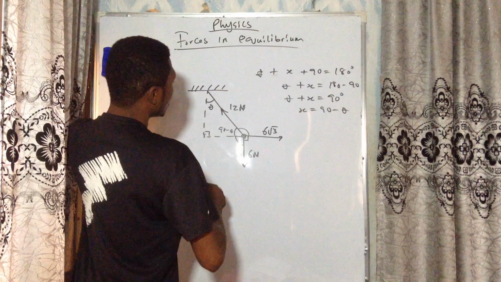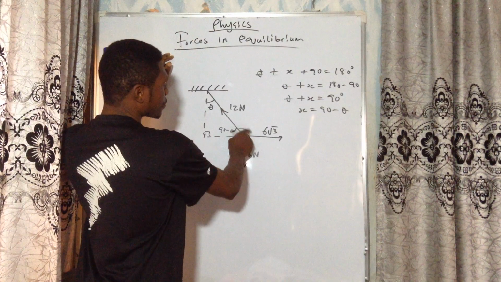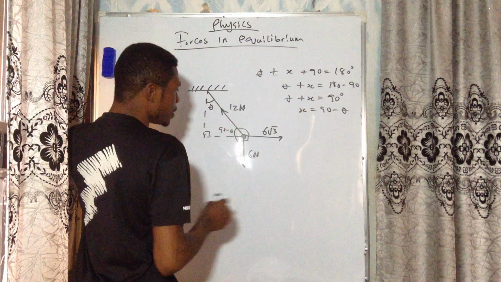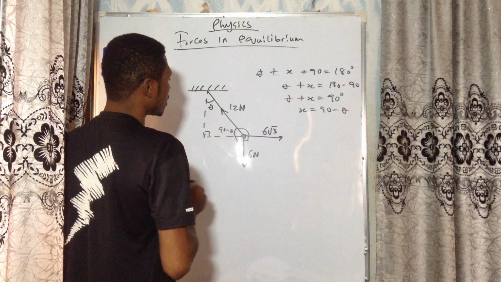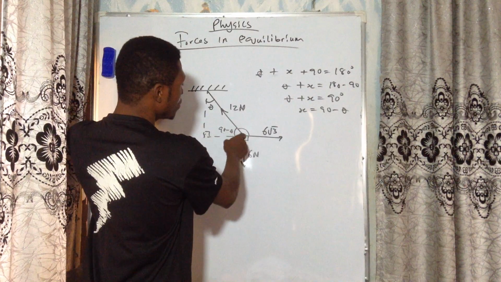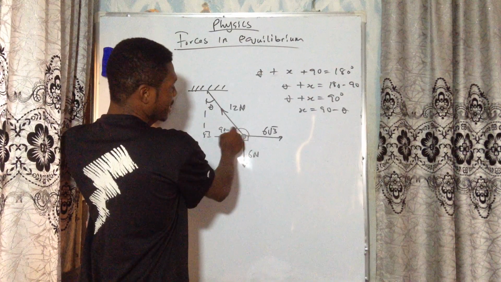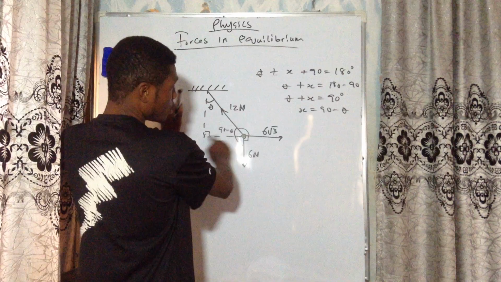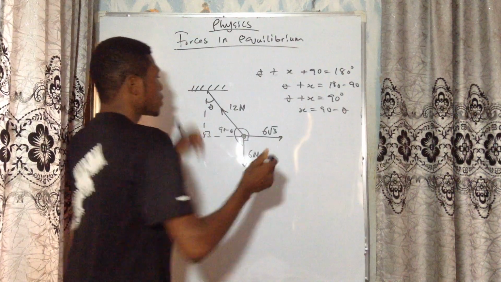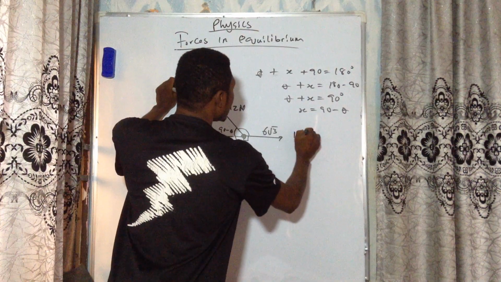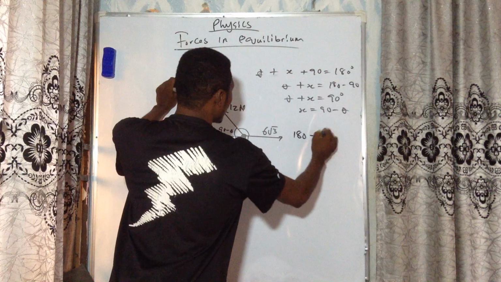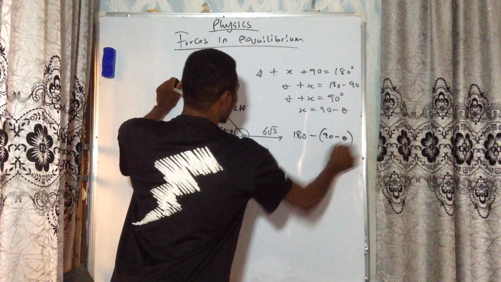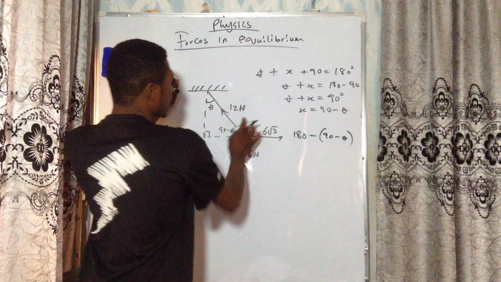So now, how do we find what will be here? The angle here will be 180 minus (90 minus theta). That is 180, you know, this angle on the straight line. So watch out though. We have 180 minus bracket 90 minus theta, if you want to find the angle here.